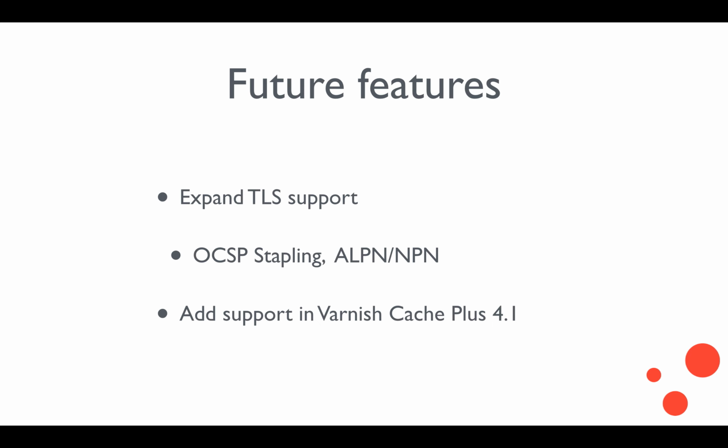Other bits that are currently not implemented are ALPN or NPN. So you could maybe shed some light on what that is. Yeah, it's a TLS extension where the client can say, I support these protocols. So it can say pretty much, I support SPDY and H2 and HTTP/1.